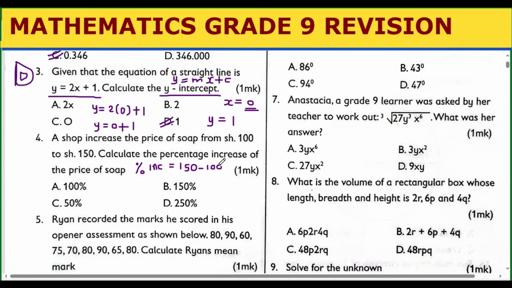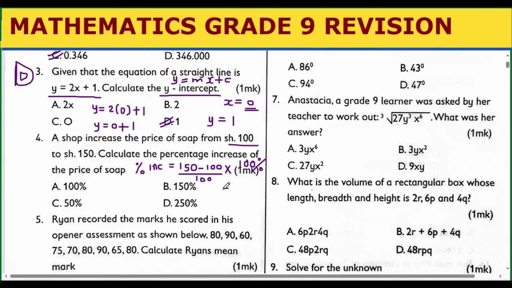It was 100. Then you always remember when you're calculating something percent, you must always consider the original. So the original before the change was 100. So put 100 down here, and then you multiply by 100%. Now, what is 150 minus 100?